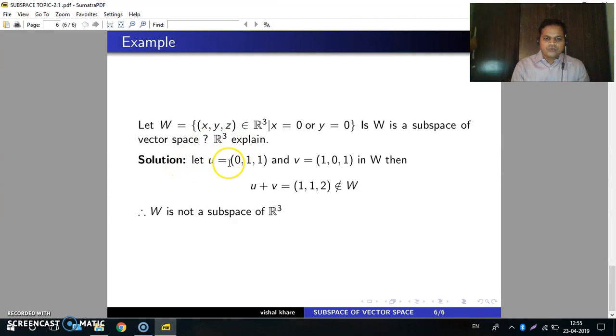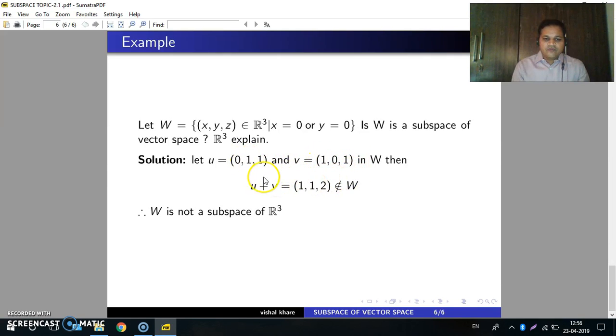Let u be equal to (0, 1, 1) and v be equal to (1, 0, 1) in W. Here in u, the first coordinate is equal to 0, and for v, the second coordinate is equal to 0, because the elements of W are such that either the first coordinate is equal to 0 or the second coordinate is equal to 0. So these two elements belong to W.